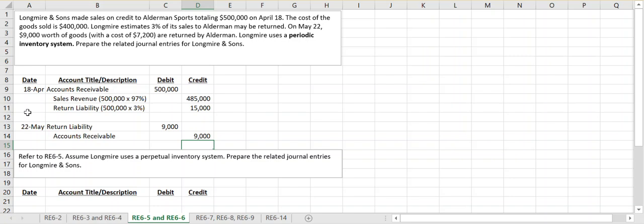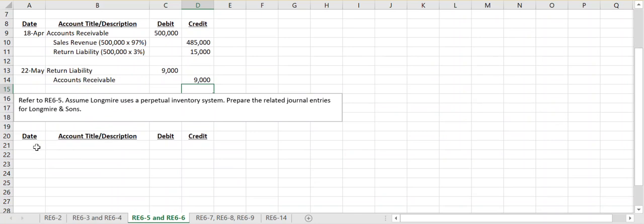We're now going to use that same information to look at how we would journalize the entries under the perpetual inventory system. And again, under perpetual, we're constantly updating our inventory and our cost of goods sold. So on the 18th of April, we still have that accounts receivable of $500,000. Again, we already know that there's a possibility we're going to get back 3% of our sales.